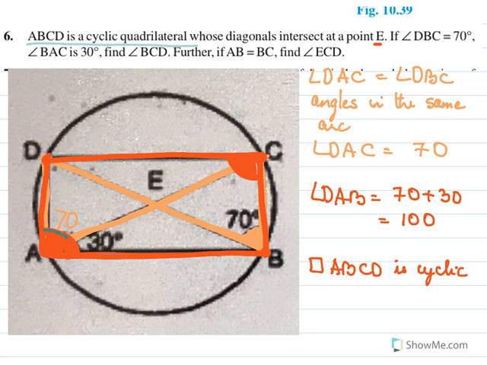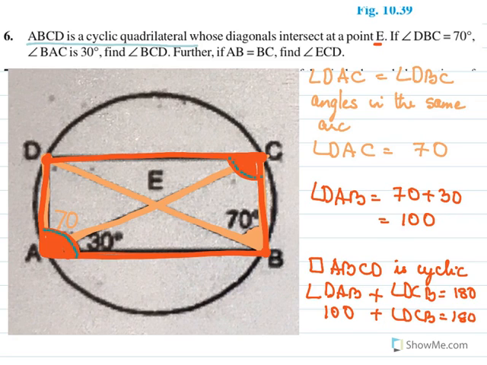We're talking about this angle here, that is angle DAB plus this angle here, that is angle DCB equal to 180. So DAB we know is 100 plus angle DCB is 180. So angle DCB equal to 80. DCB can be also called BCD, and that is 80. So BCD here is 80.